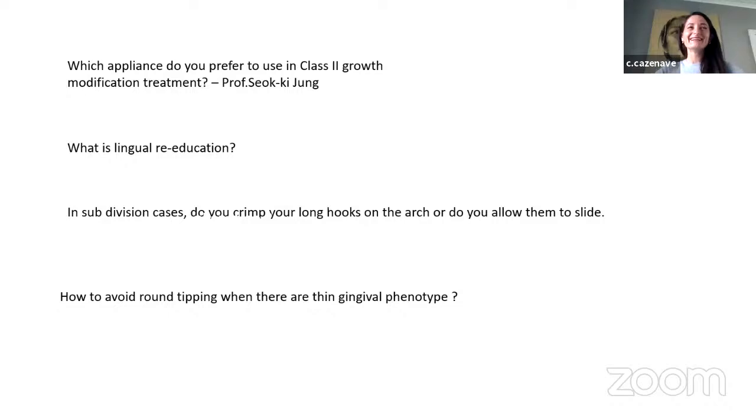So, which appliance do I prefer? You know, I'm a speaker from American Orthodontics, and of course, I'm using their PowerScope, and it's a very good protractor because its direction is parallel to the occlusal plane. So I like this protractor, and you can activate it completely asymmetrically.